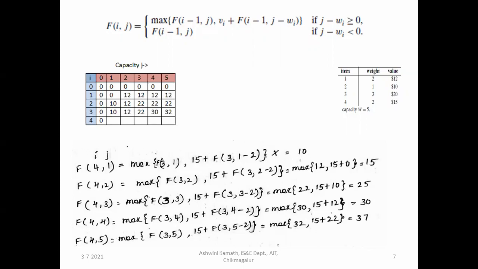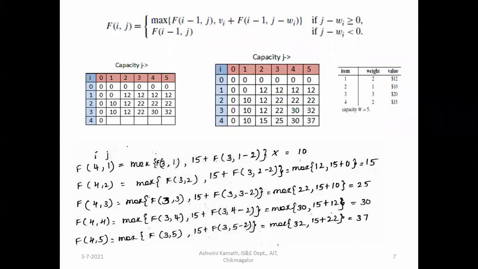And then for f of 4 comma 5 we have maximum of f of 3 comma 5, which is equal to 32, comma 15 plus f of 3 comma 3, which is 22. 15 plus 22 is 37. Among 32 and 37, the maximum value, 37, will be assigned to f of 4 comma 5.